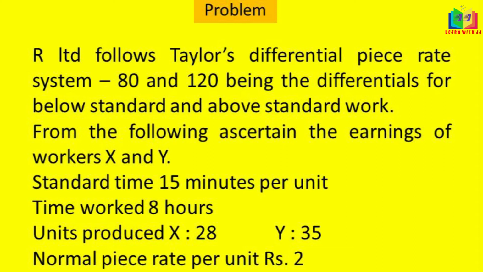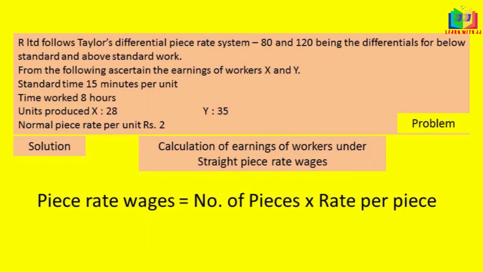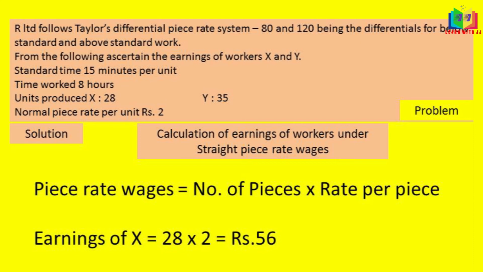First we'll calculate under straight piece rate system. Straight piece rate is nothing but number of pieces into rate per piece. Here the earnings of X equal the number of pieces produced by X, 28 units, into the piece rate per unit, which is given in the problem. So 28 into 2 will get rupees 56.